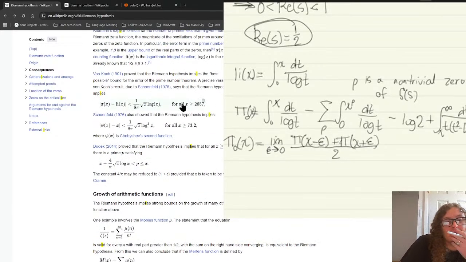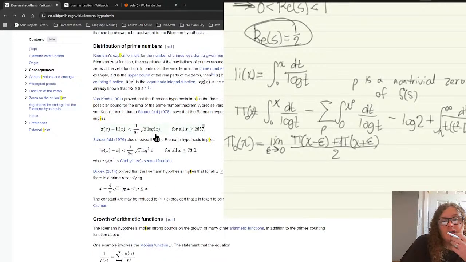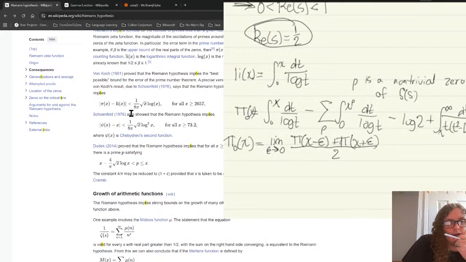It also means that if we can find a counterexample to this, to this pi of x minus Li of x, then it would disprove the Riemann hypothesis, which would be wild. But so yeah, let's see.